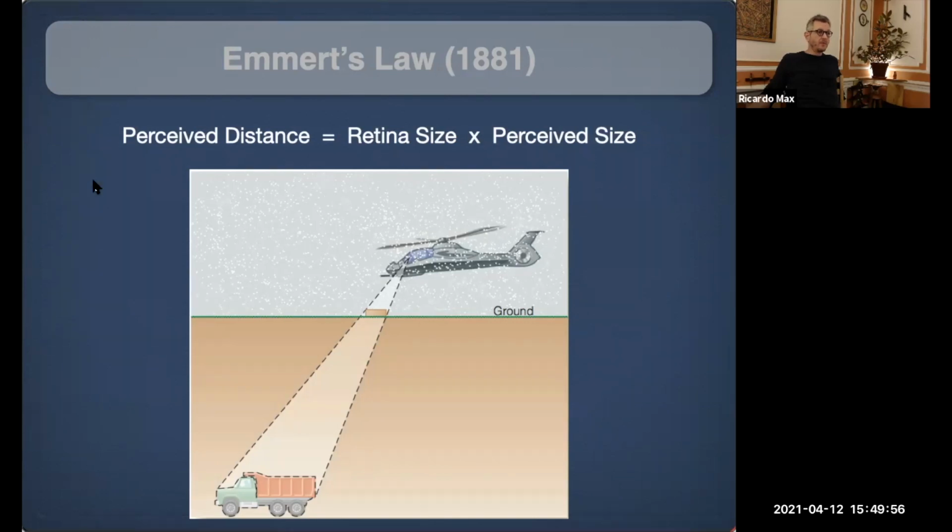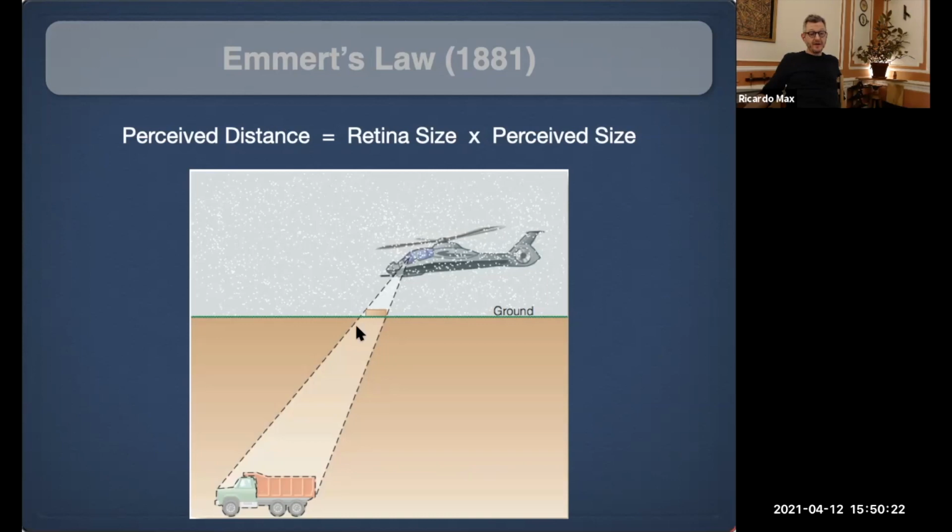So one known problem for pilots is the whiteout effect. When you have low visibility from above, you may perceive an object as smaller than it is.